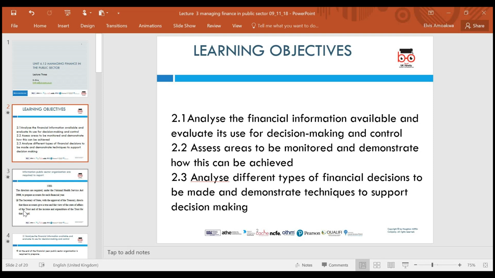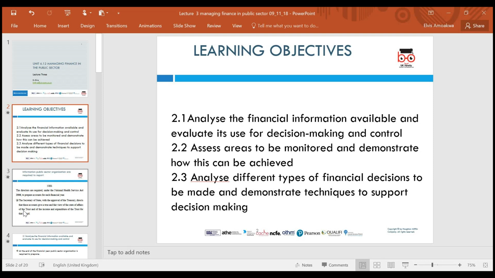Will you be sending a copy of this to our Moodle folder? Yes, as soon as I end the meeting, I'm going to send everything on Moodle for you to have access to, so that you can sit down and digest it. If there are any questions, any area that you don't understand, just drop me an email and I will address it as soon as possible.